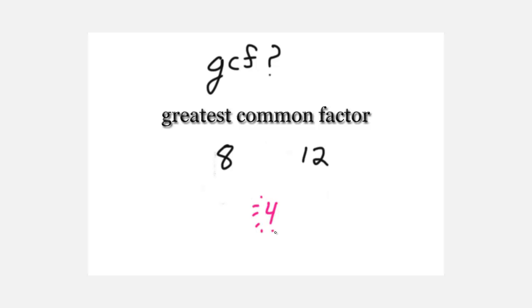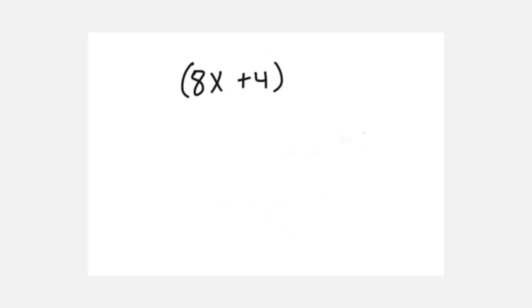And that's because it's the biggest number that can go into 8 and 12 evenly without any remainders. Okay, so take a look at this binomial here, 8x plus 4. And let's think of what is the GCF for 8x and 4. Well, if you think about it, the biggest number that can go into 8x and 4 is 4 itself. Alright, so that's the GCF.